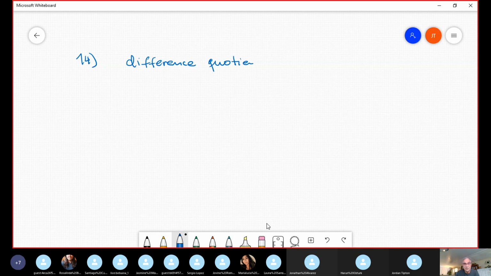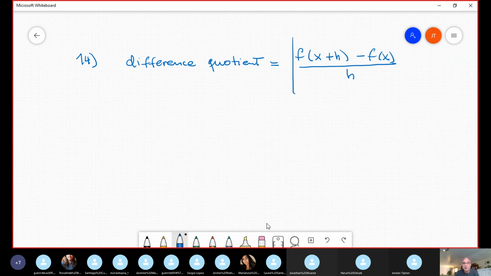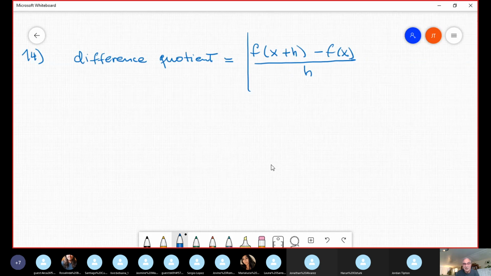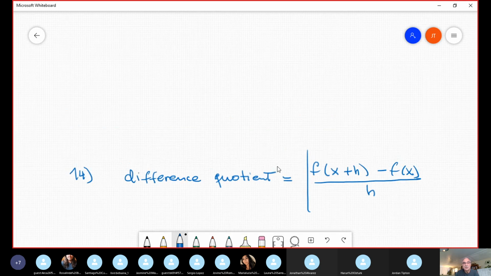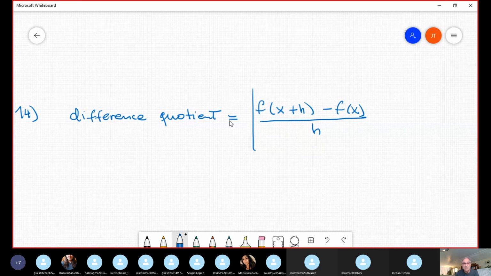And the formula for the difference quotient is f of x plus h minus f of x, divided by h. The interpretation of the difference quotient is similar to slope, but in this case, more general than slope.